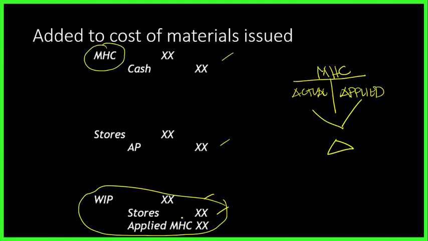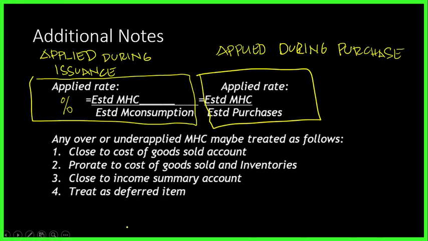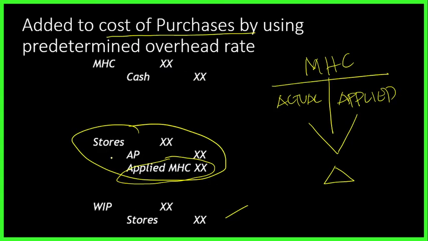Pag nag-issue ka na, you multiply that with the rate that you have computed, this one, and you will get your applied materials handling cost. Same story with this one, but this one is based on purchases, no? So once you have the rate, you're going to multiply that with the acquired or the purchased materials para makuha mo ito. Okay, so ayun.